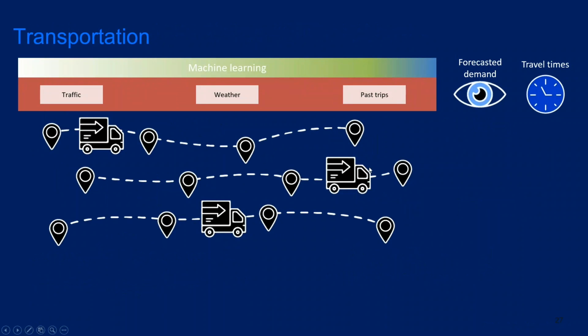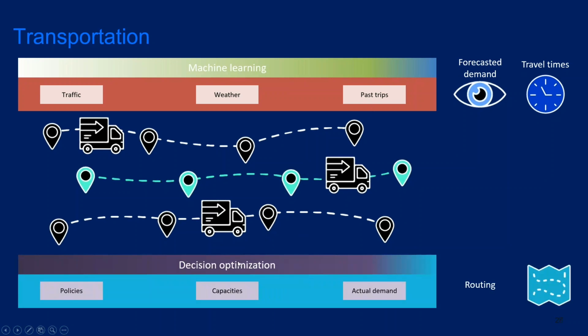Again, in today's environment, you have transportation problems. You have traffic, weather, past trips, and that might be the data that you pass into a machine learning model. Many companies now forecast the demand from customers and the travel times, based on the traffic, the weather, and past experience. And they send it to decision optimization.